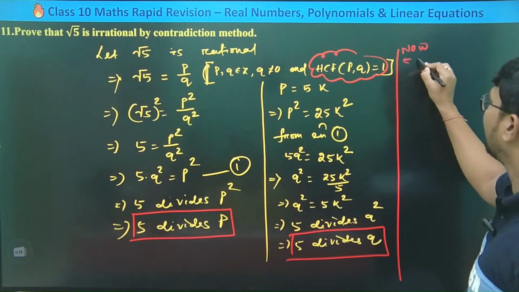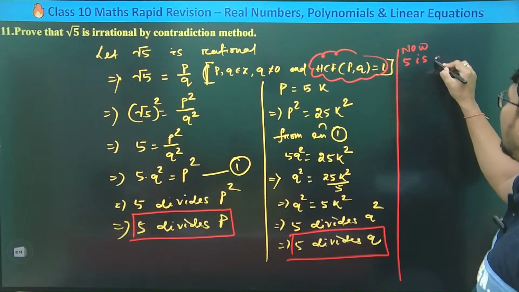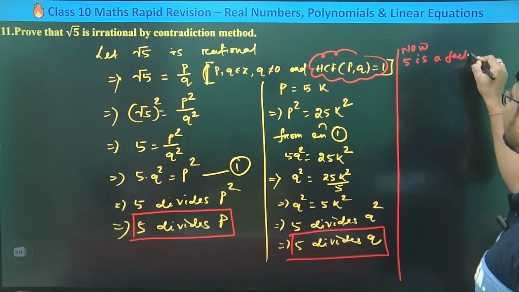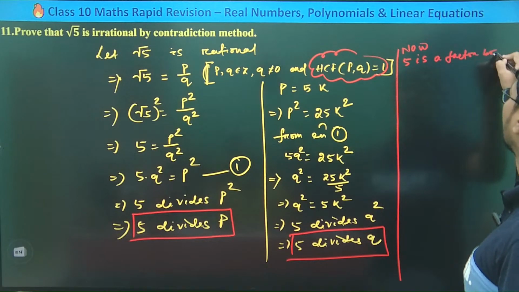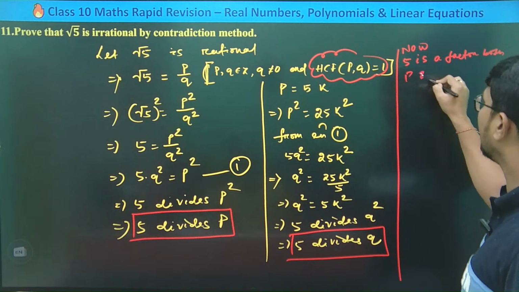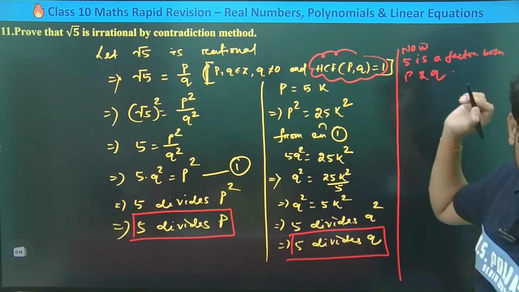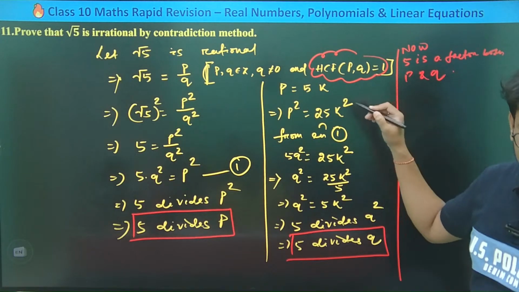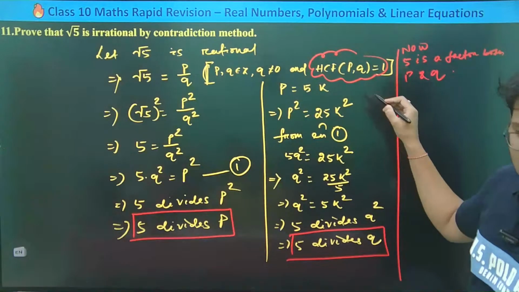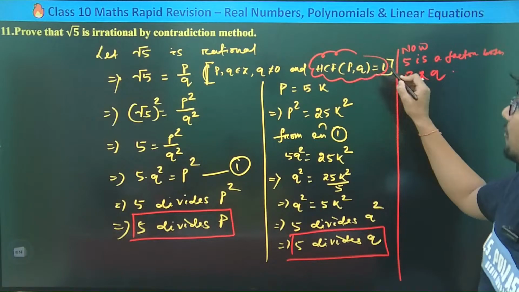5 is a factor of both p and q, which contradicts that HCF of p and q is 1.